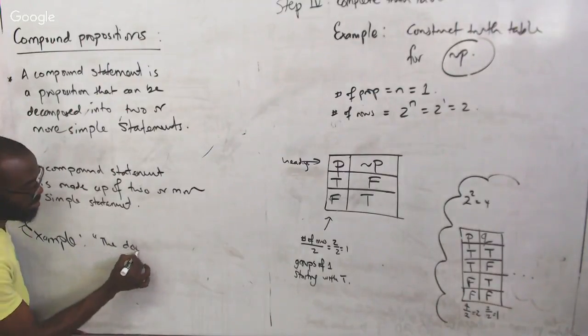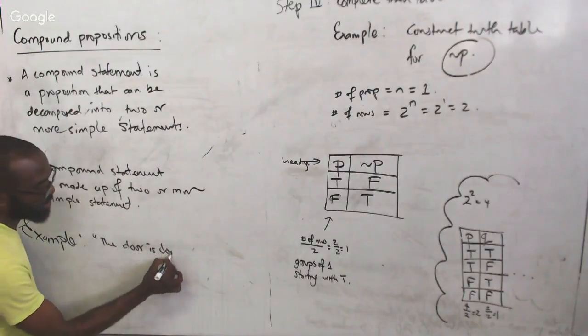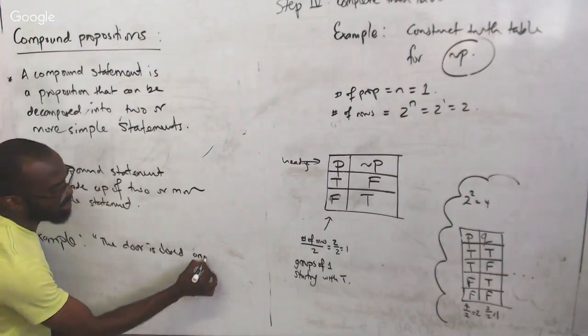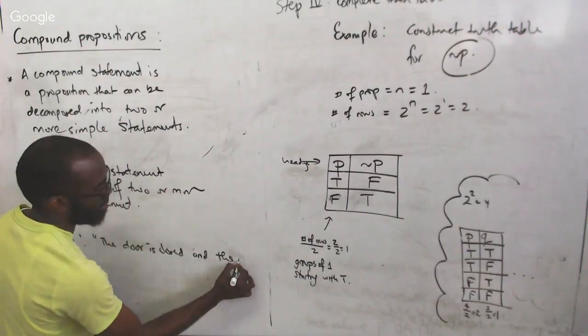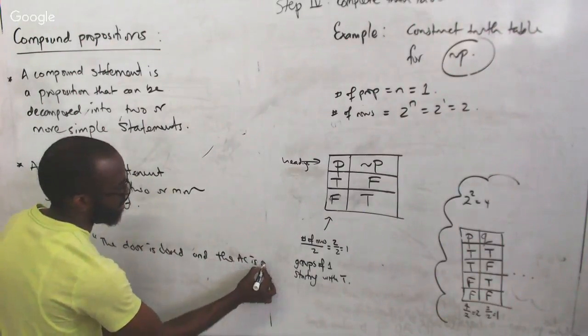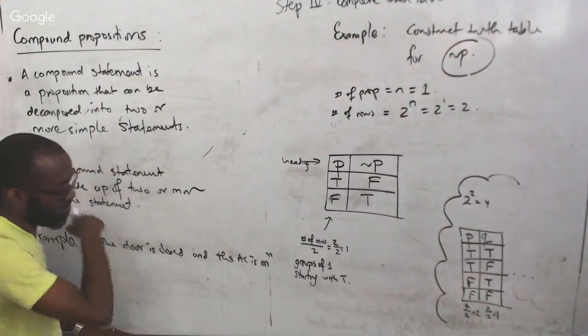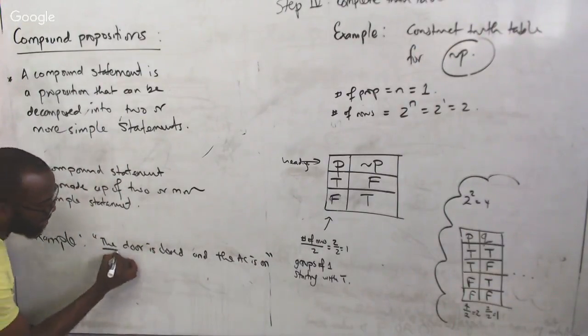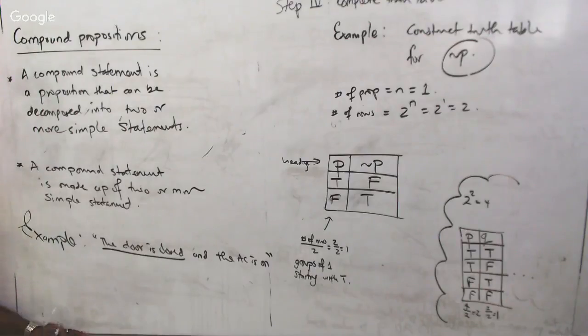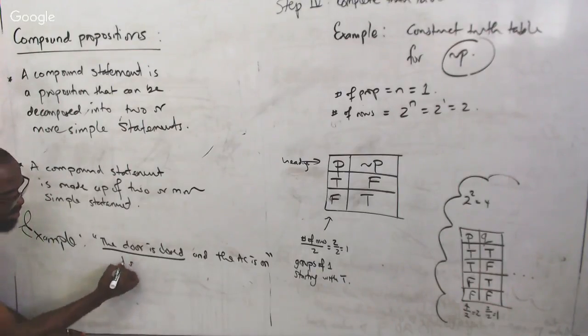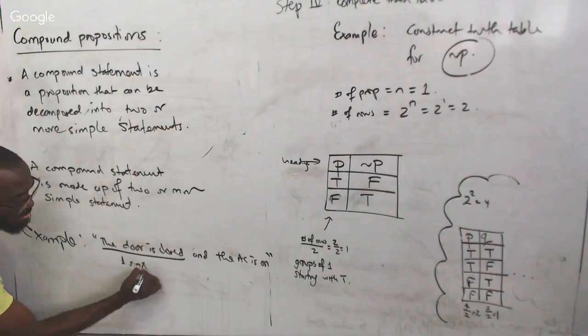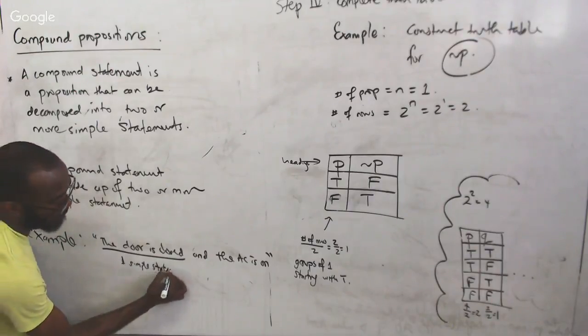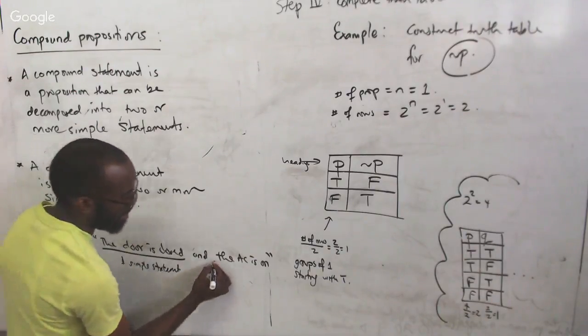The door is closed and the AC is on. Notice that if I underline that piece, that is one simple statement. And that's another simple statement.